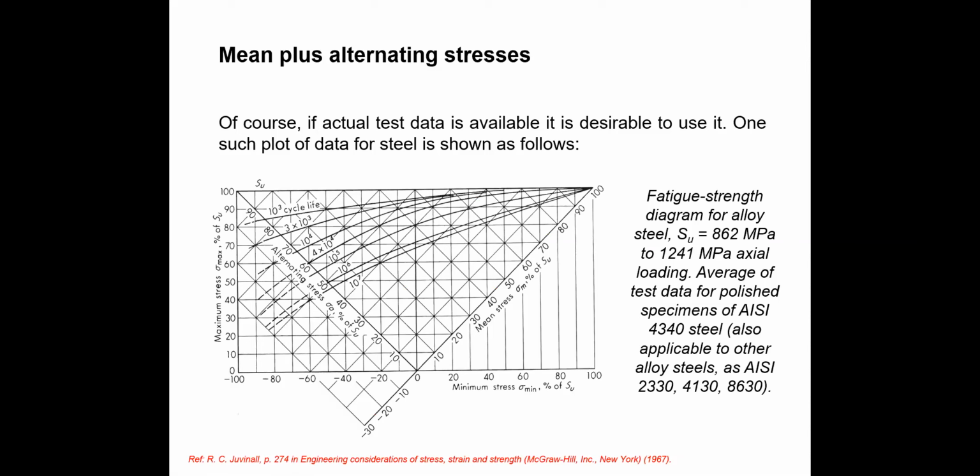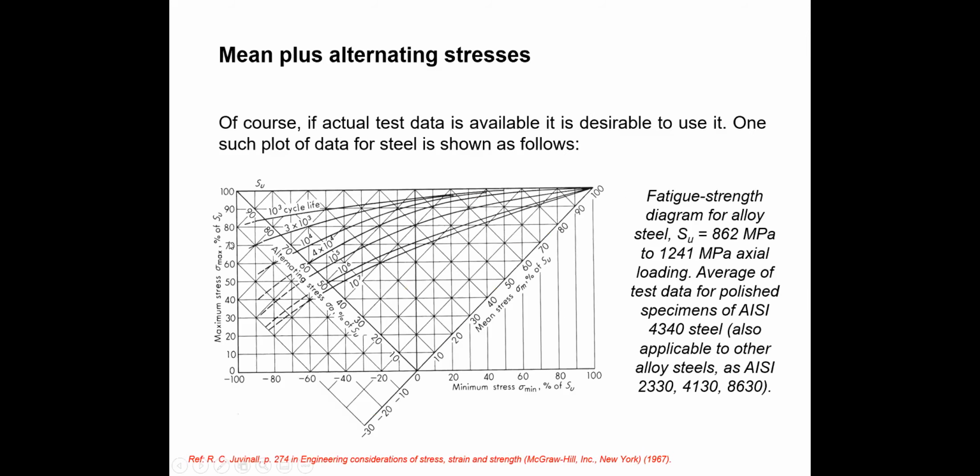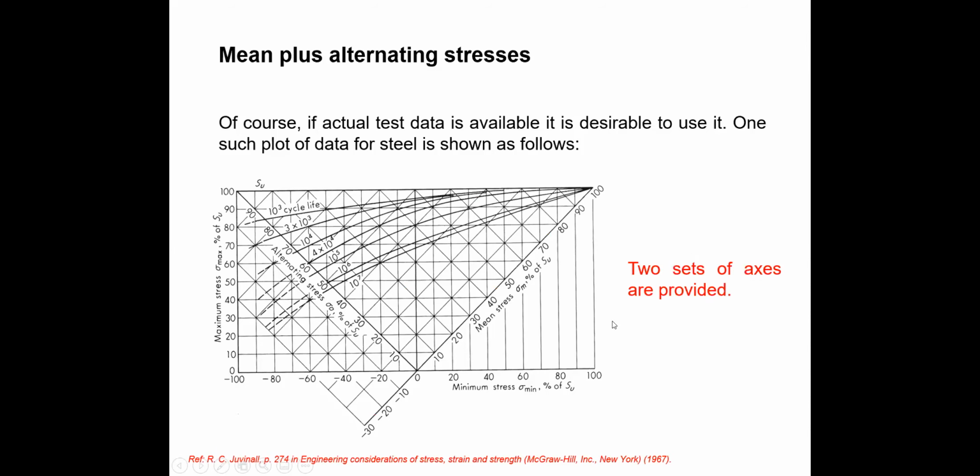Okay, this is another diagram, with sigma maximum and sigma minimum, and mean stress and alternating stress. So there are four axes, you can see. In this graph, this is sigma m and sigma a, and this is sigma maximum and sigma minimum. For this particular material, there are two sets of axes.